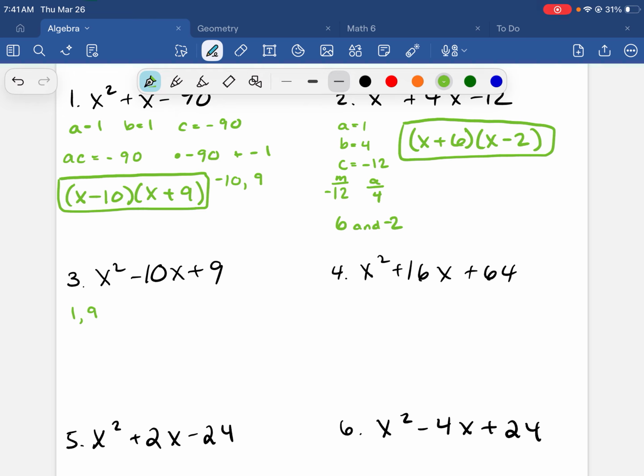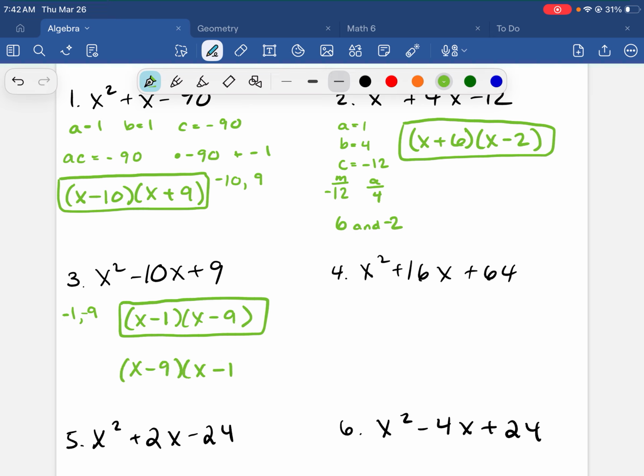We have to add to negative 10, so if I make these both negative, that satisfies both criteria. So x minus 1 and x minus 9. And just to note that the order doesn't matter here, I could write x minus 9 first and then x minus 1. Of course, though, I would not want to write 1 minus x minus 9. That's slightly different.